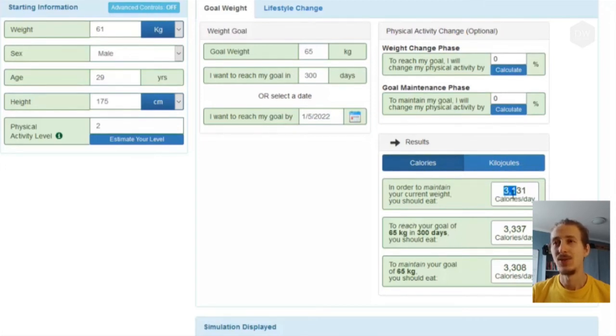All I might need is to get here, and I should already be gaining a lot of muscle, because this is about 600 calories above my actual real intake. So I would not even go here. Realistically speaking, I want to add just 100, 200 calories, then see if I'm actually gaining weight.